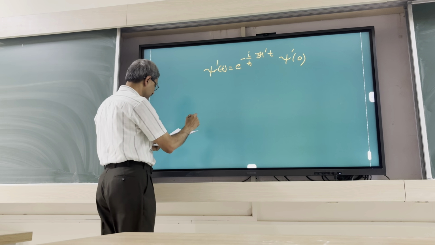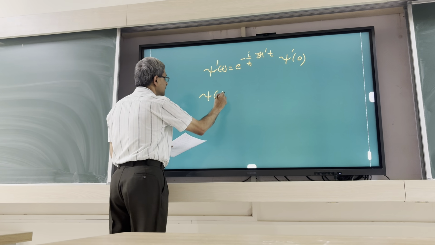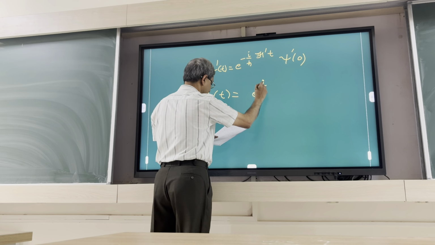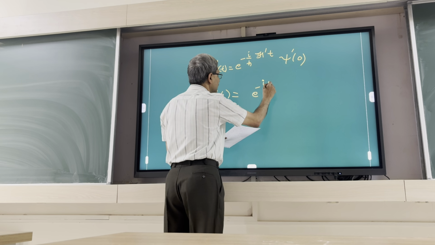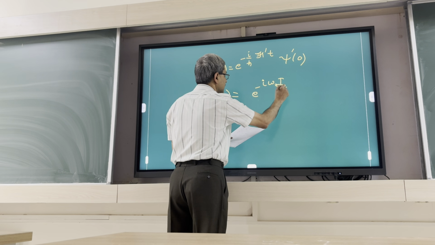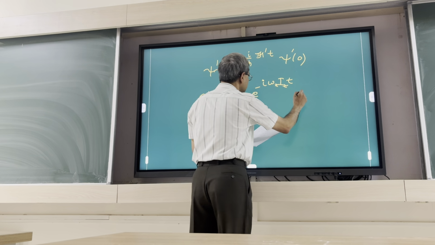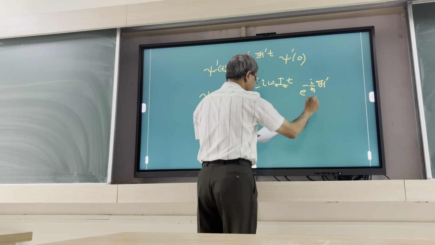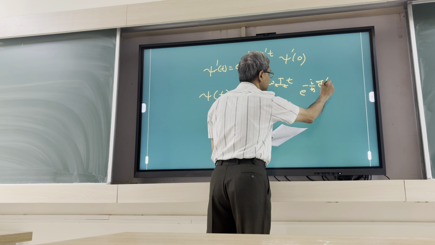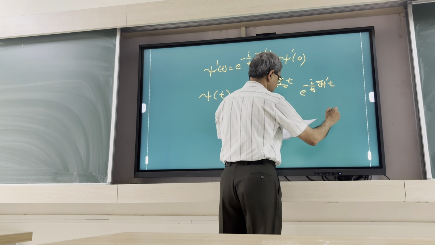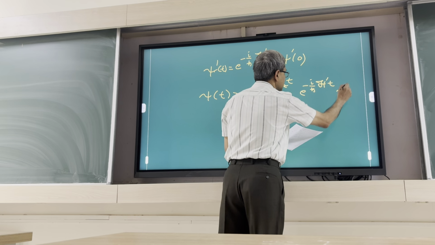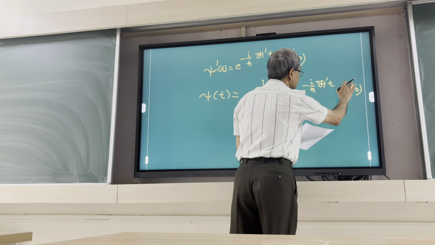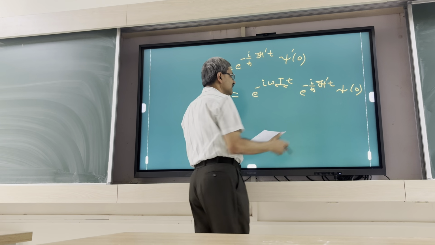And so finally you'll get the wave function evolution is e to the minus I omega z Iz t and then this one also e to the minus I by h bar h prime t, this is the Hamiltonian h prime t, multiplying psi prime.